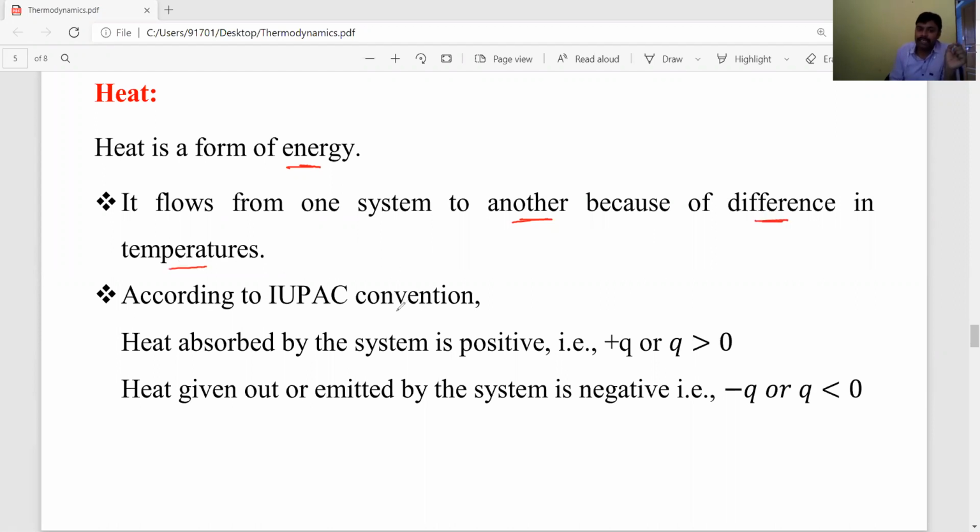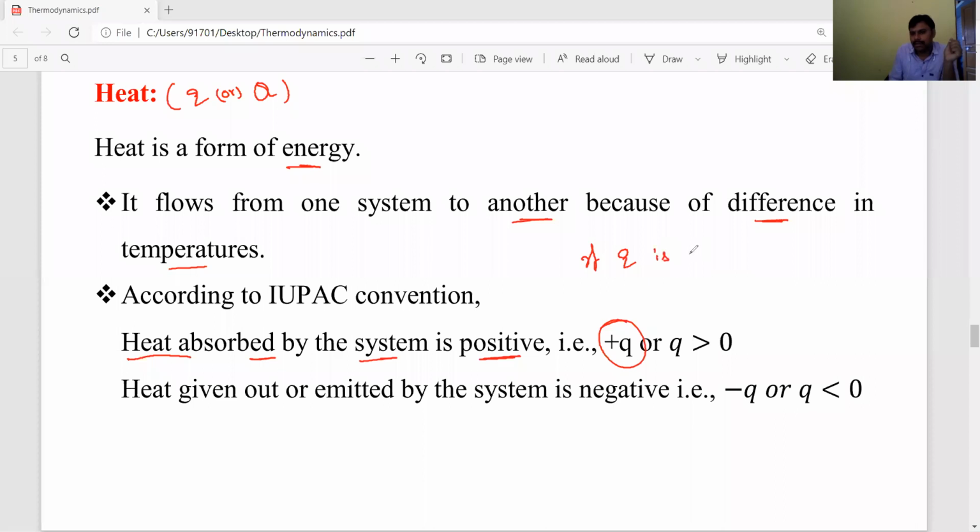According to the IUPAC convention, if a system absorbs heat, that is called positive. Then heat Q is positive. The symbol for heat is Q, either small q or capital Q, whatever it may be, no problem.